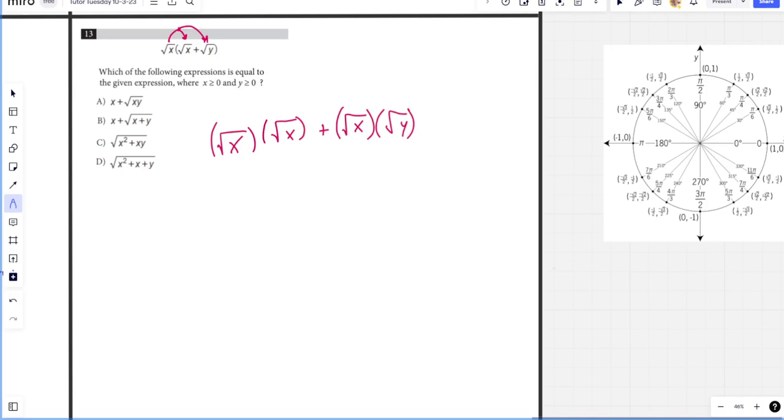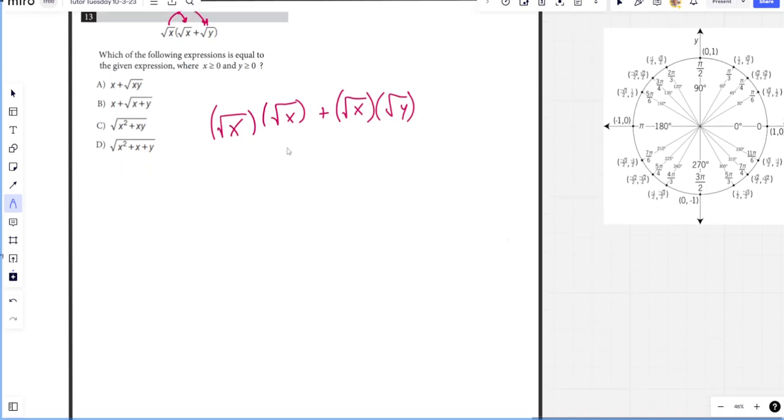I see chat's kind of going off right now. So square root of x times square root of x is going to be equal to x. And when we have two things under square roots and multiply the square roots together, we can actually multiply them under the same root, combine them.